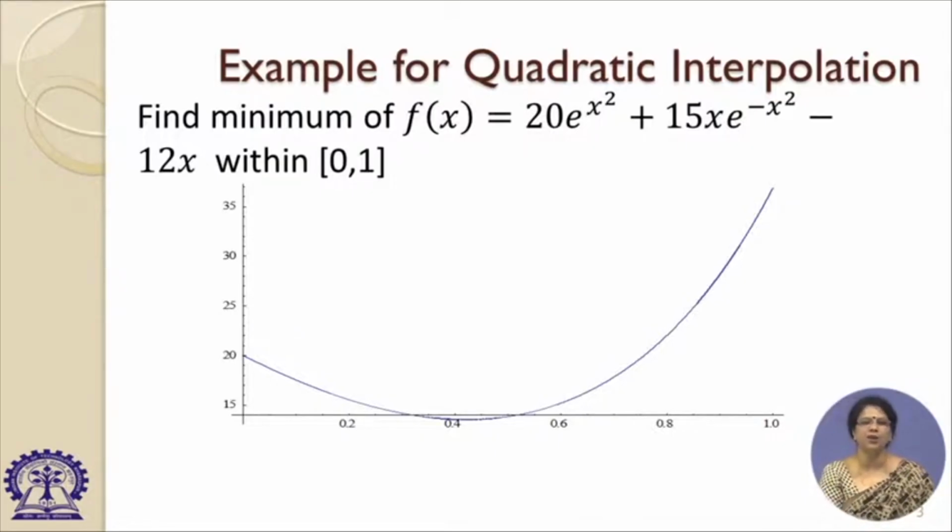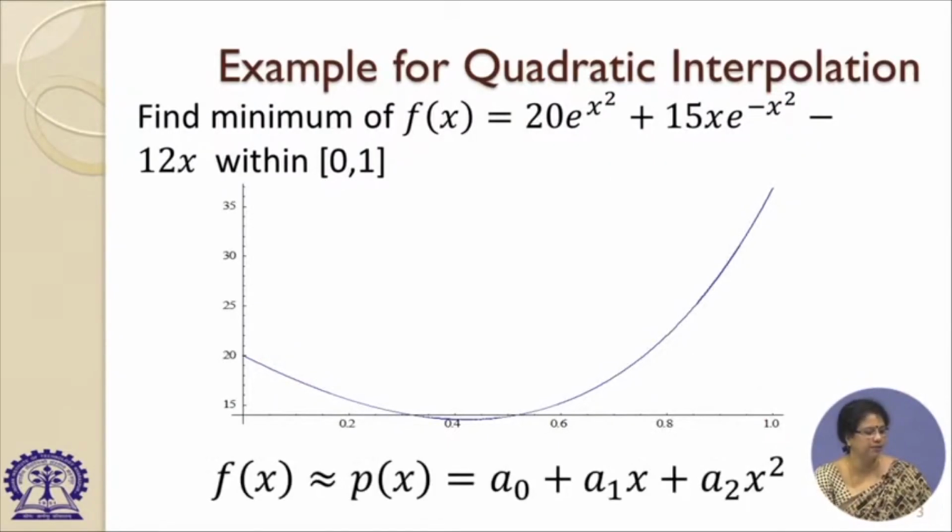What is unknown to us? The unknowns are a0, a1 and a2. That is why we need to find the values of a0, a1 and a2 which are best fitted. This is our target for today's class: to fit a quadratic polynomial to this function, and we will find the minimum of that polynomial.